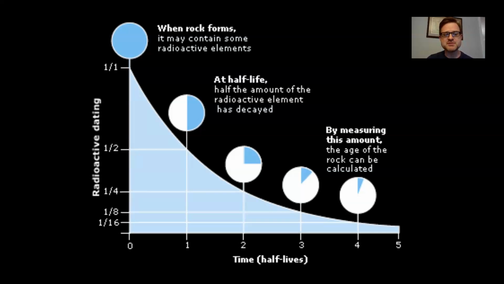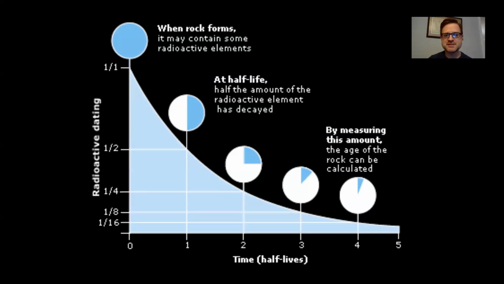So the first is radioactive dating, and you've probably done this in physics class or some other chemistry class. Radioactive dating relies upon the fact that certain radioactive elements decay. Carbon-14 is probably the one you're most familiar with, and we're going to discuss carbon-14 in a minute. They decay from one element into another, and these elements have what's called a half-life, and you can look at this graph.